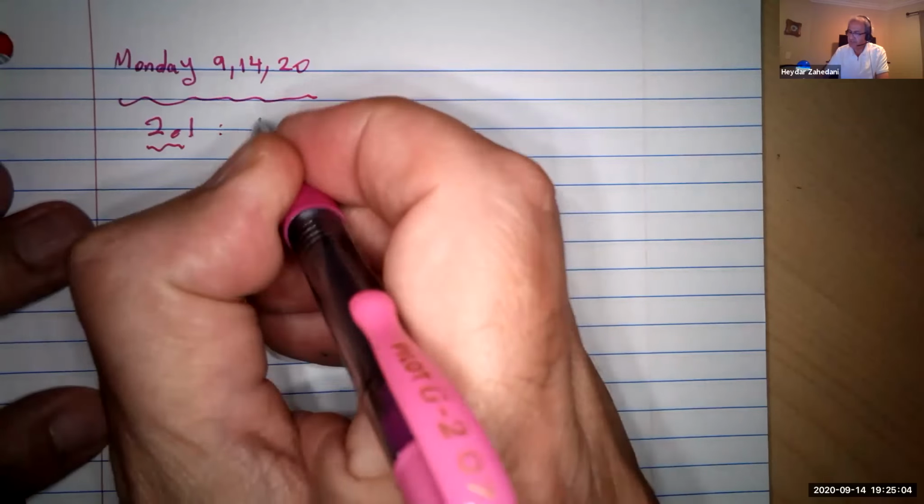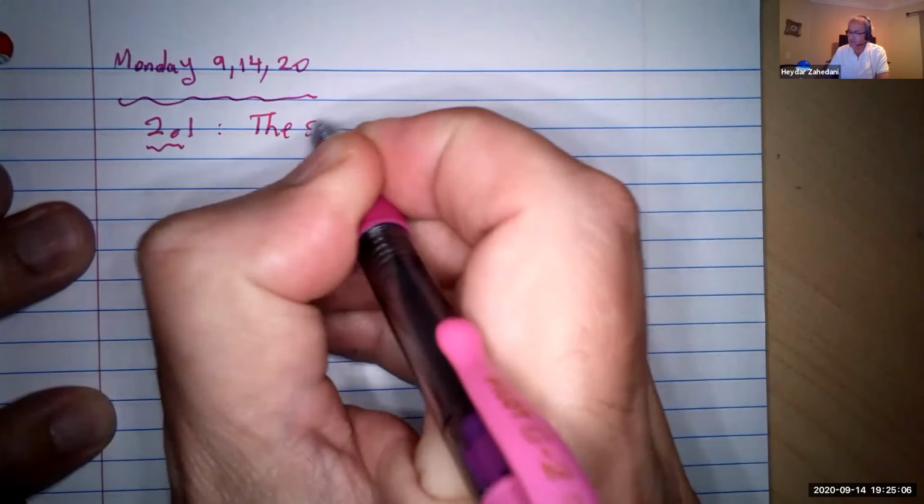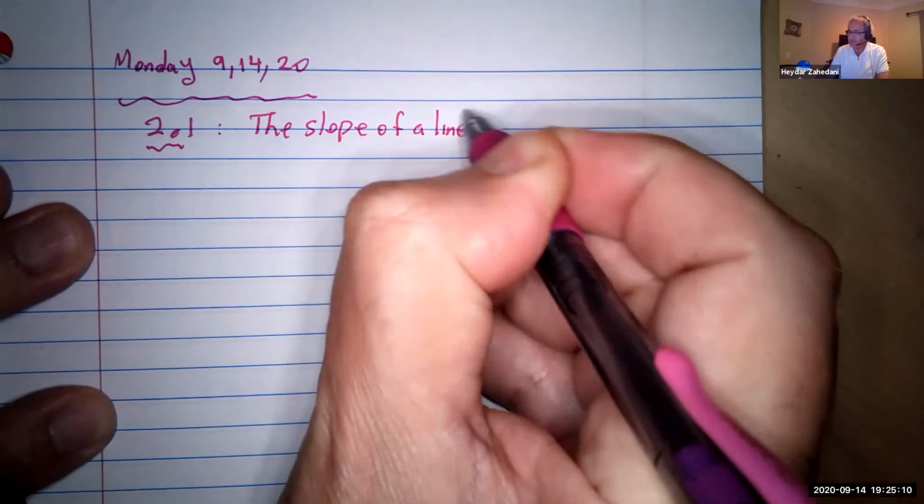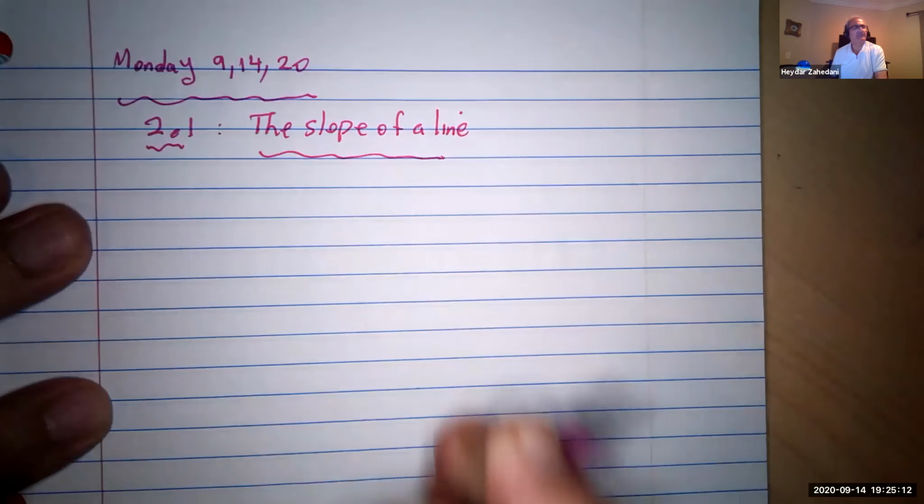In your book, they call it linear equations in two variables, which is the same thing. So this is it. What is going to be the slope? The slope of a line.